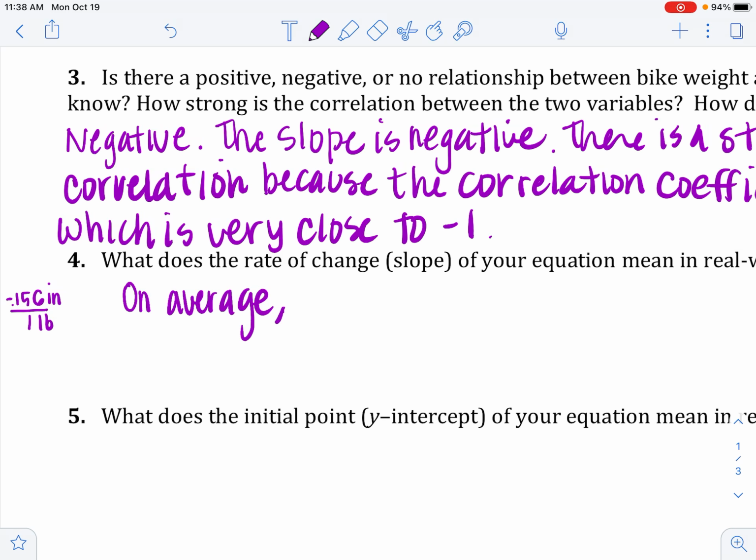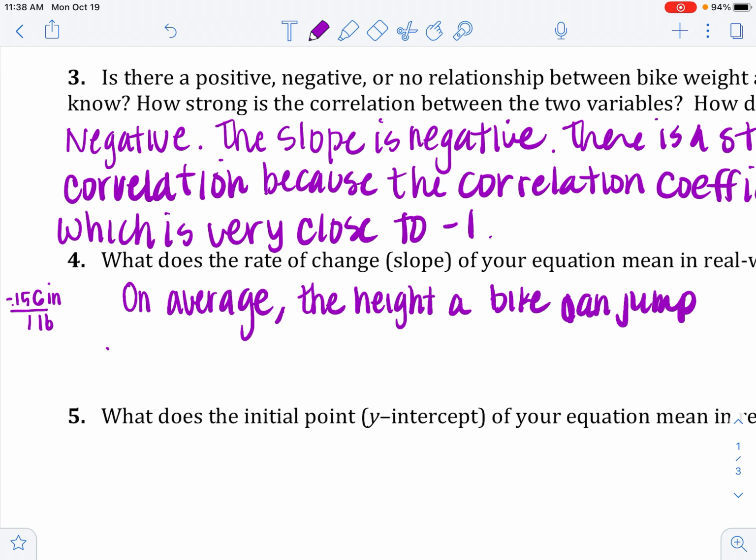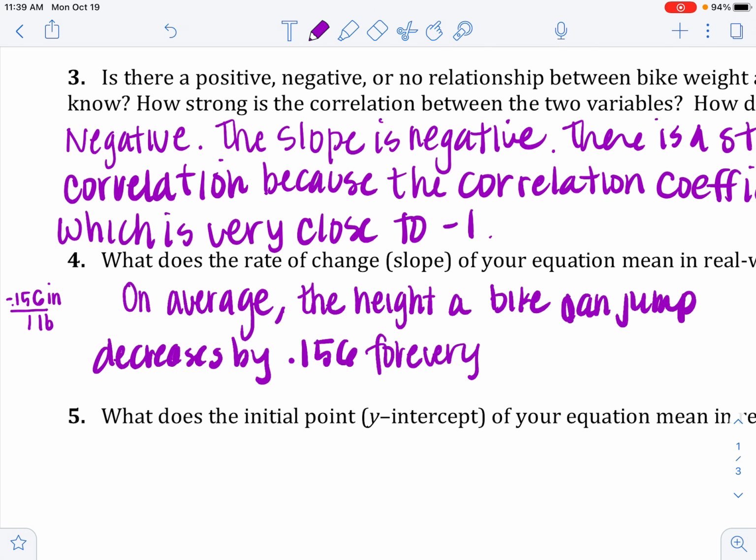Okay? So on average, the height a bike can jump decreases by 0.156 inches for every extra pound it weighs.